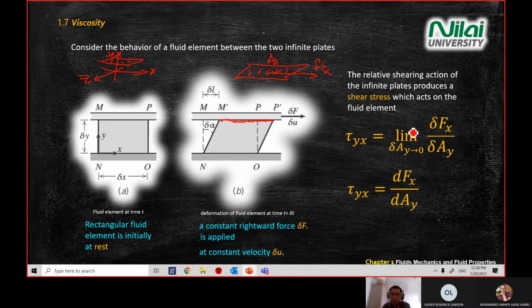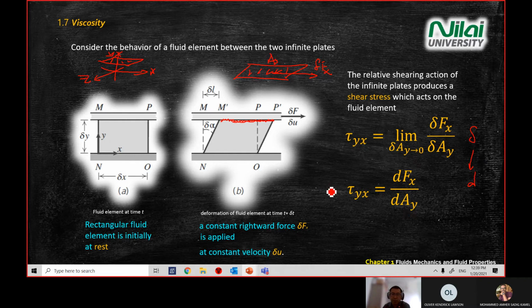And when you remove the mathematical limit to small changes, then you can change the small delta into d. This is a mathematical procedure. So if you remove the limit, then you can write the equation as the small difference in Fx divided by the small difference in Ay.